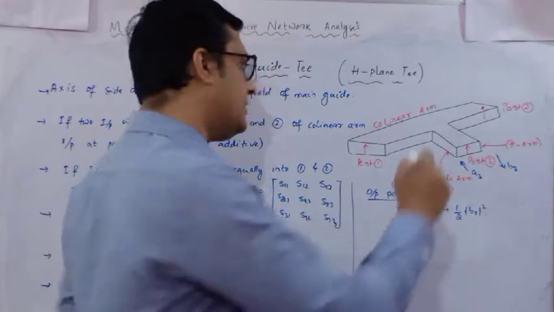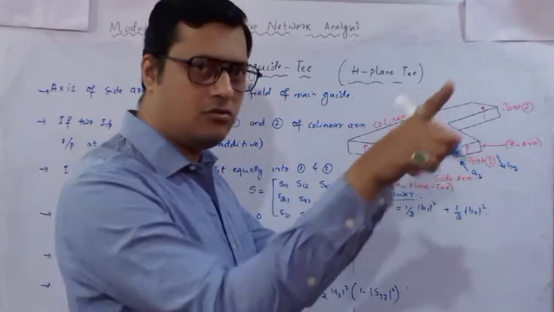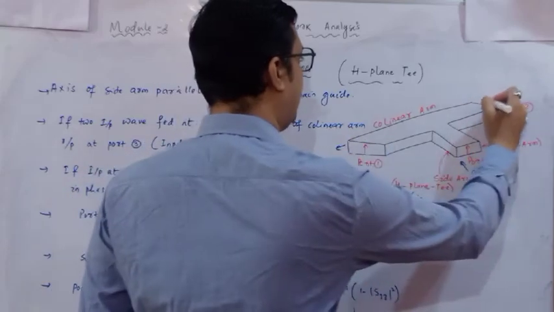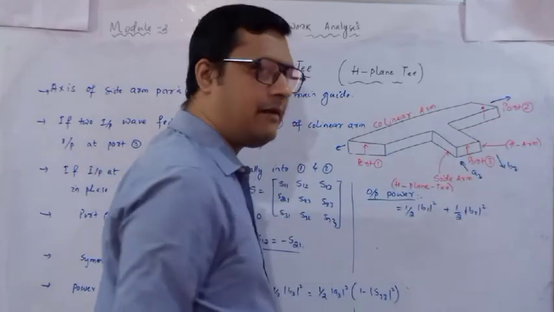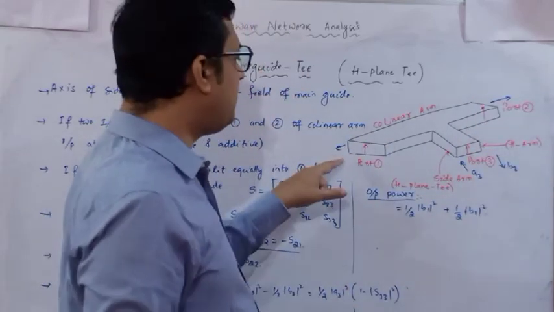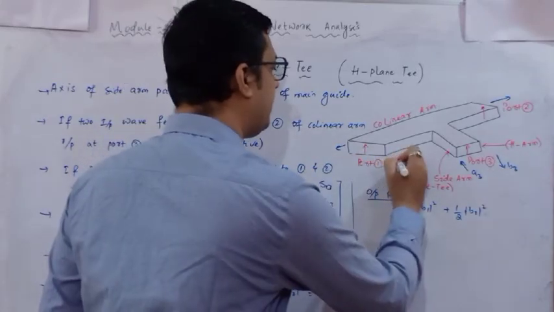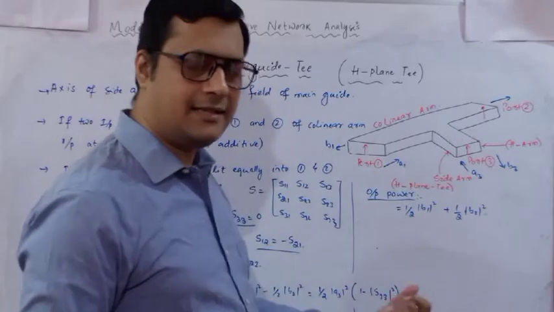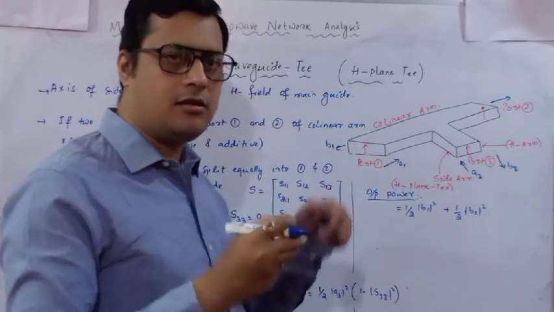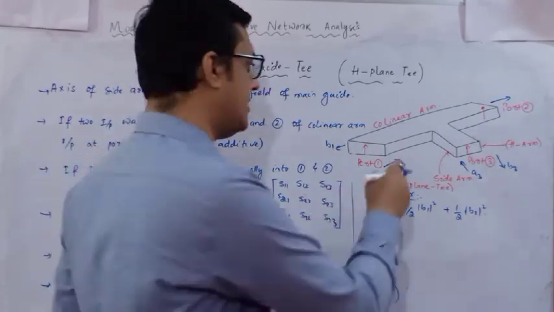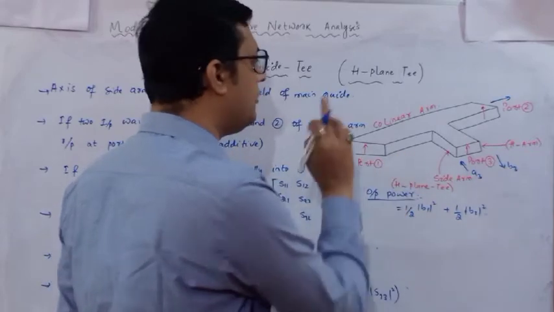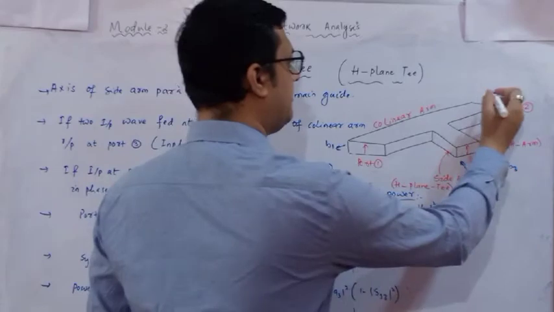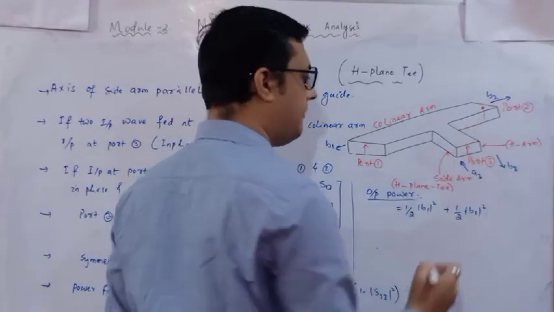So when the incident power is given, power will come into picture at port 1 and port 2. When I give incident power at port 1, it would be A1 and B1. But since port 1 is used as a load in which the power is measured, there is no A1, only B1 is going to be identified. And similarly in port 2 it is B2.